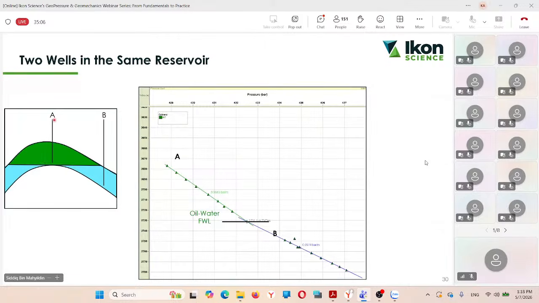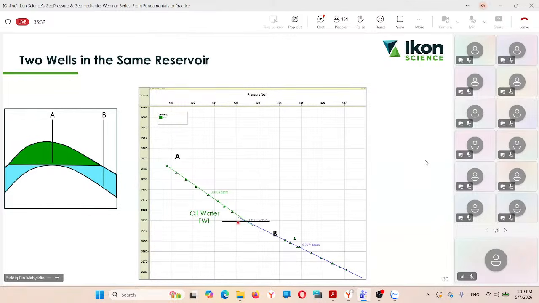Over here, I have A, which is this gradient for my oil, but because it's still a connected sand, when I draw the gradient for the B well, it intersects at some point. This intersection is basically where you have the free water level. That is the kind of interpretation that you could make.